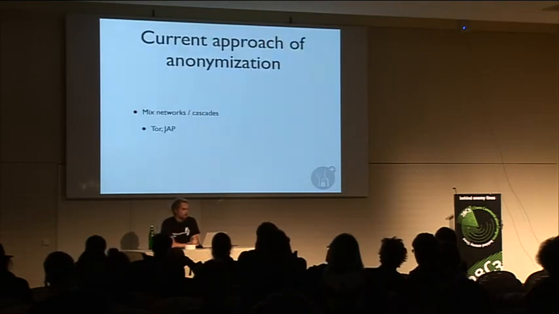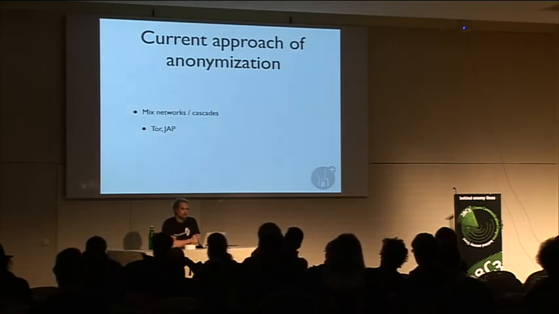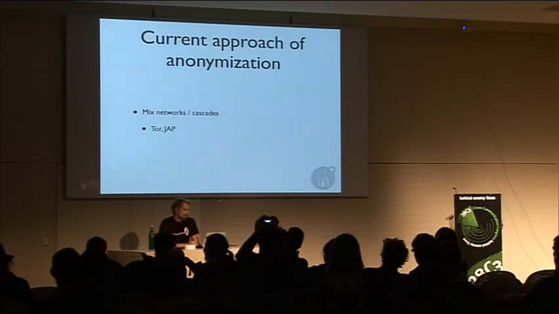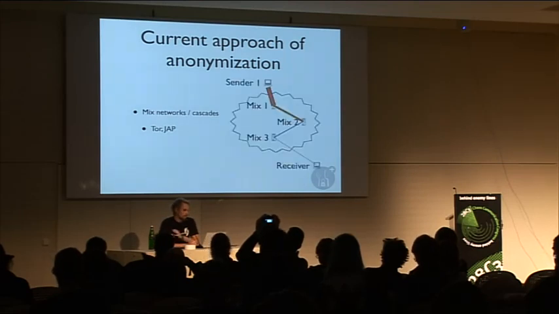So what is the current approach of anonymization technologies? If people are speaking about anonymization, it's most of the time mixed networks or mixed cascades, and the two most famous representatives are Tor, the Onion Router, and JAP. They work more or less on the same principle.